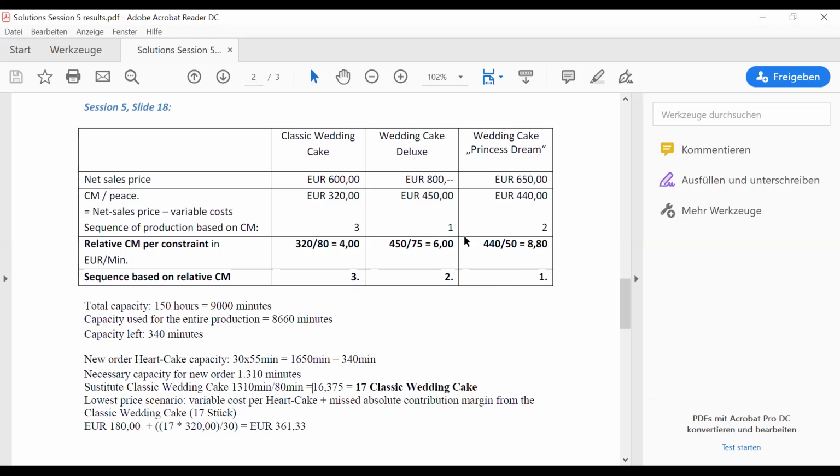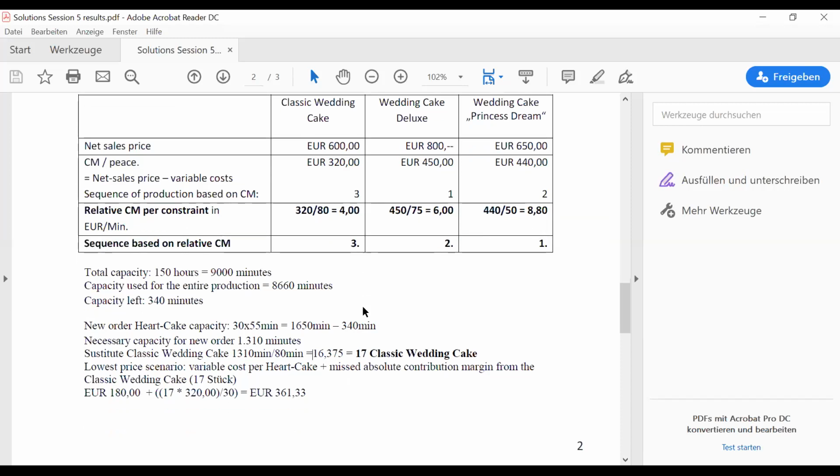Then the deluxe wedding cake, and still the weakest, in this case, relative contribution margin is provided by the classic wedding cake. So now we know for sure that we can substitute the classic wedding cake, remove that in order to produce the hard cakes.